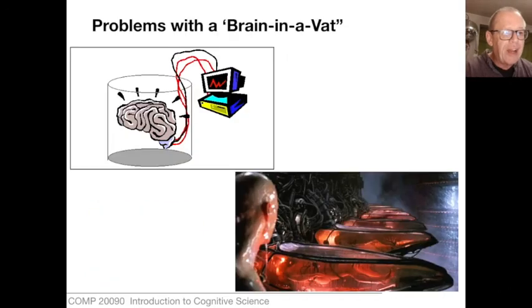Well, the brain in a vat was beautifully illustrated by the first Matrix movie, and if you haven't seen the first one, it's so much better than Matrix movies 2 and 3. It's shown in the bottom right there. In a dystopian future, the robots have got out of control. The machines are running the world. And they're farming humans for some unspecified kind of bioenergy, which doesn't make any sense.